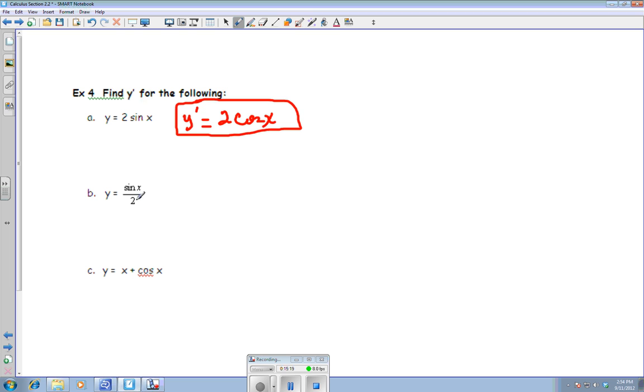Look at b. This is like a 1 in front, so I can actually rewrite this as 1/2 sine x. So if I want to find the derivative, the constant stays in front. The derivative of sine x is cosine x, and I'm done.